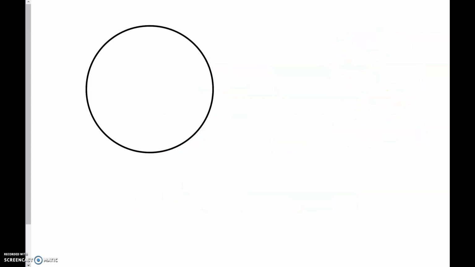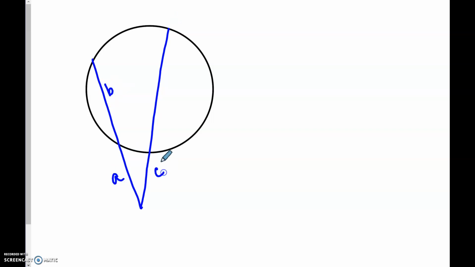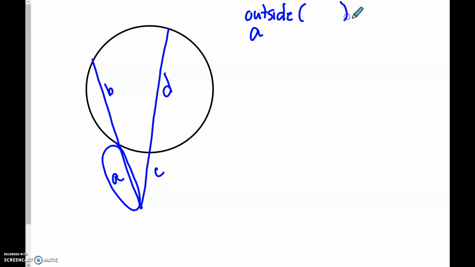Today, what we're doing with the segment relations is if we have a secant that comes through, we can't use a part times whole. It's not going to be the same exact thing. So this time, if I put an A, a B, and a C, and a D in here, what happens is we have an outside part. So when we take A, the outside part, and again, we're going to multiply it by something, and we're going to multiply it by the whole thing.